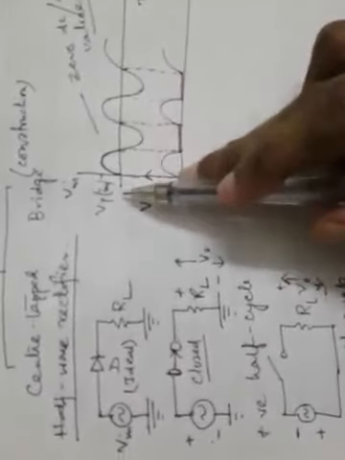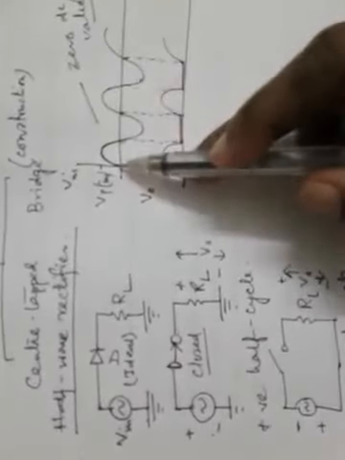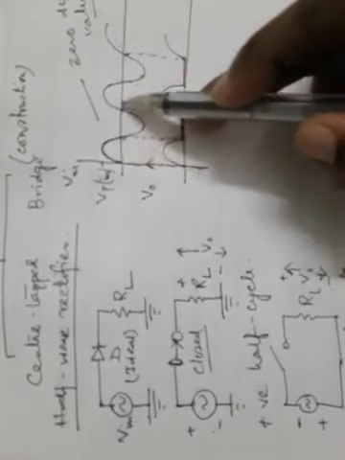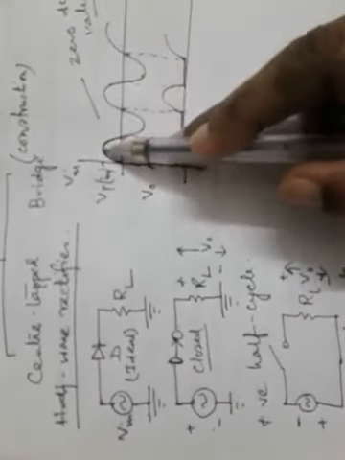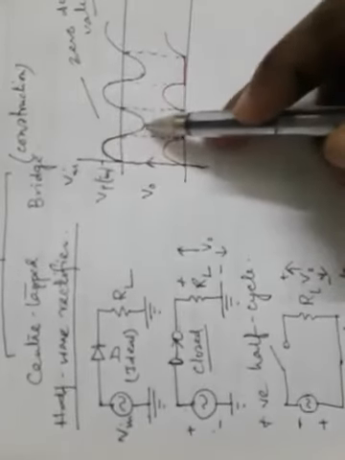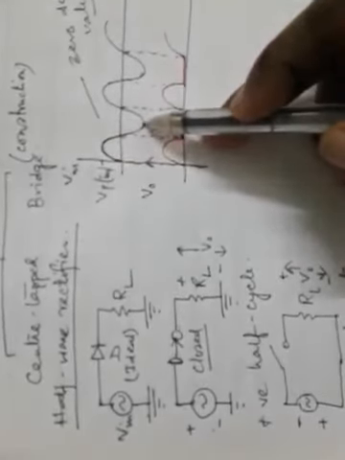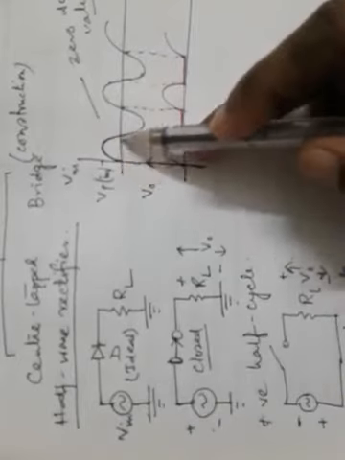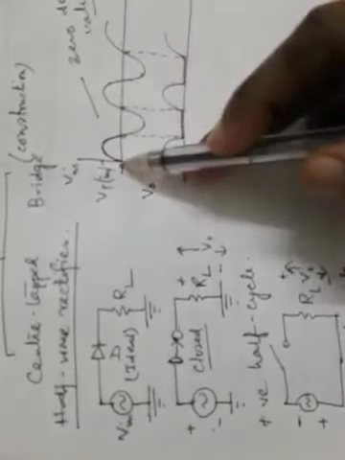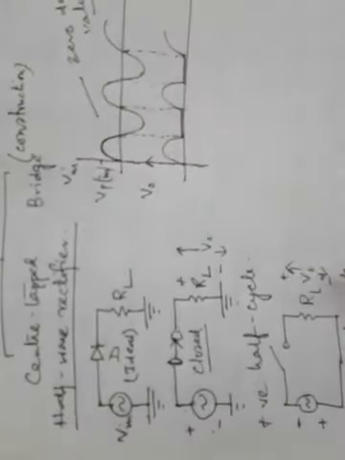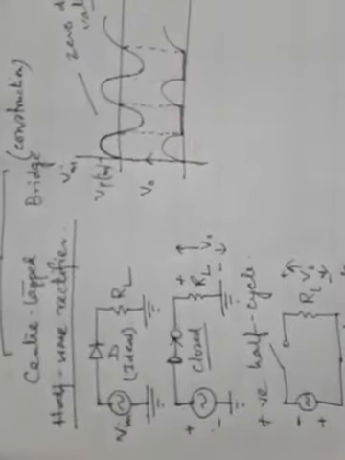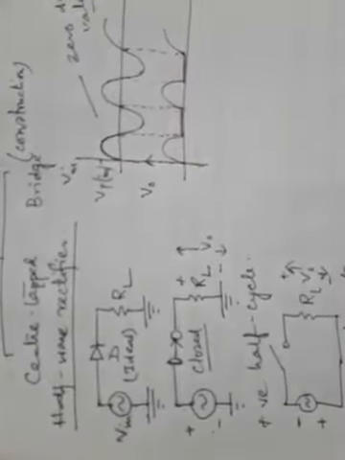Because of its symmetrical oscillating nature about this time axis, it is equally swinging in the positive direction and in the negative direction. So if we consider the positive peak and negative peak and take an average of those two values, the average value will lie on this zero axis, that is the time axis. So the input gives us a zero DC or average value.